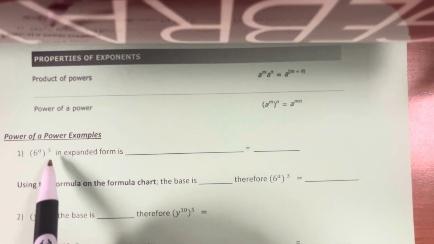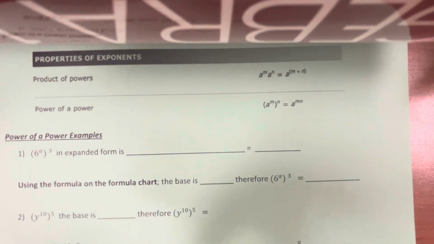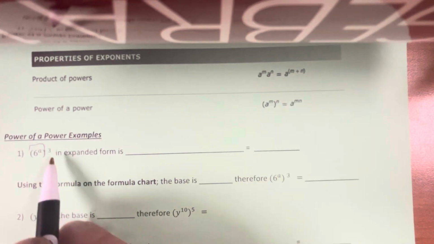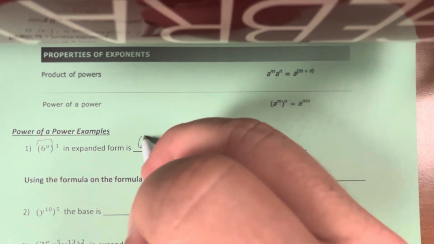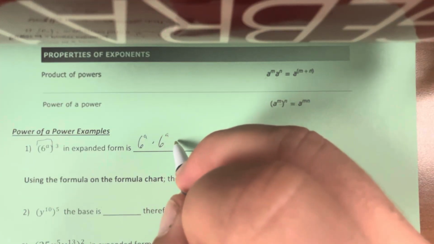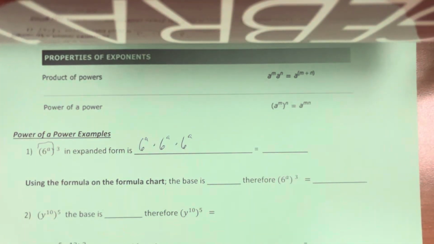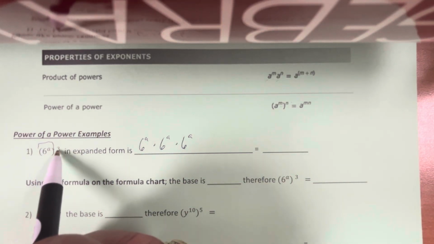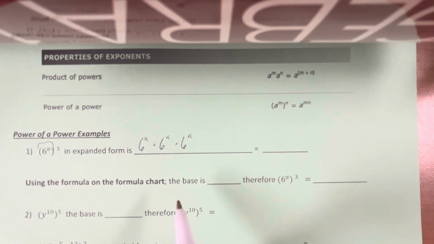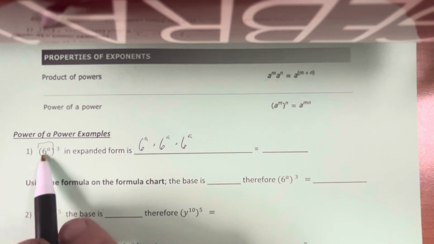Power of a power example: if we were to write this in expanded form, this parentheses is going to be written 3 times because it's raised to the third power. So it's going to be 6 to the a times 6 to the a times 6 to the a. What we're going to see is anytime you have a power on the outside of parentheses, it's going to expand it like this.